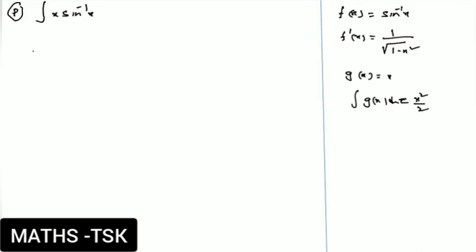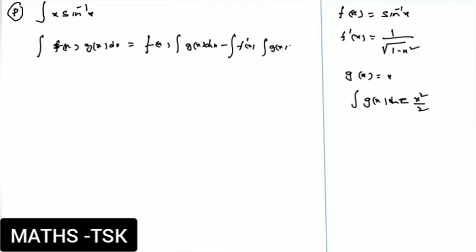So now we go for the formula. What is the formula? Integration of f of x g of x into dx is nothing but f of x times integration of g of x dx minus integration of f dash of x times integration of g of x dx, whole dx.